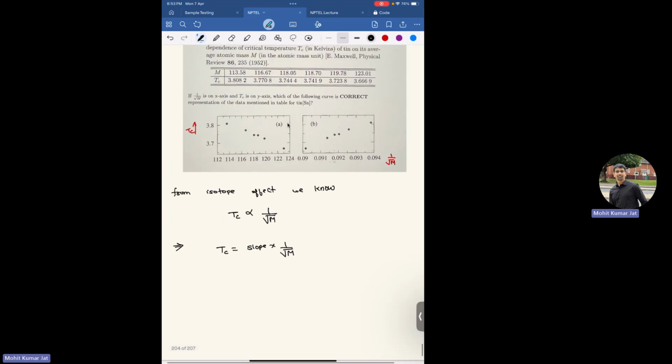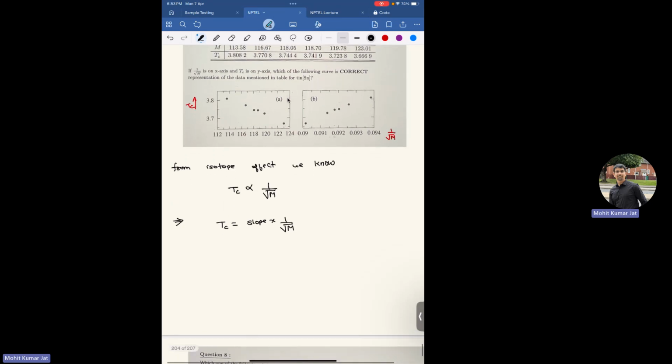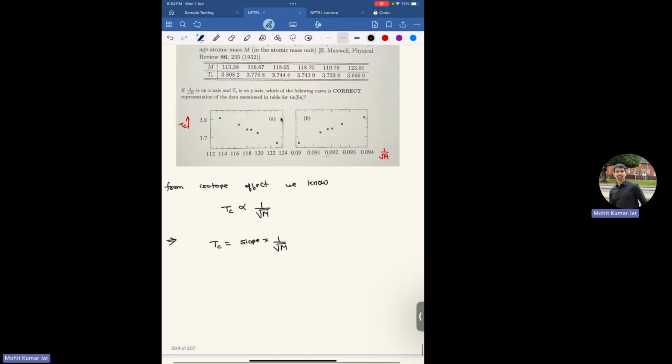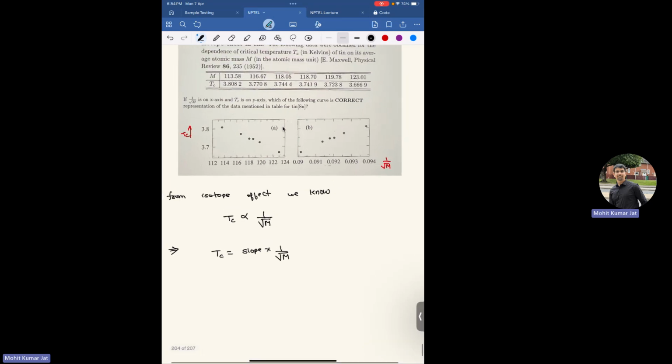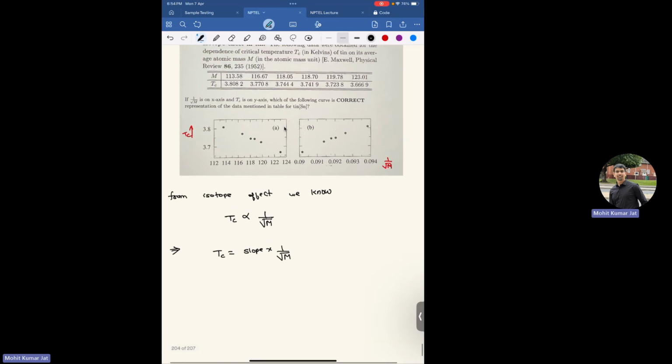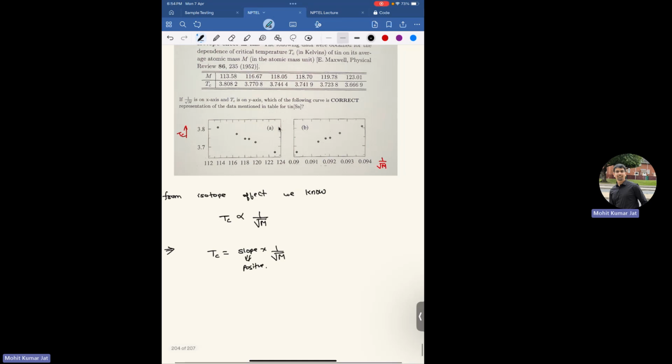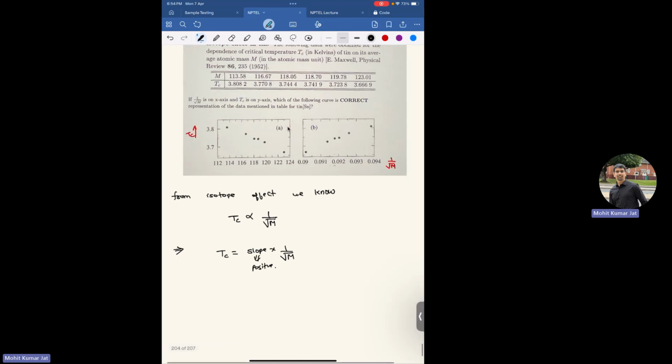And with increasing 1 by root m, this slope is positive, so your Tc will also increase.